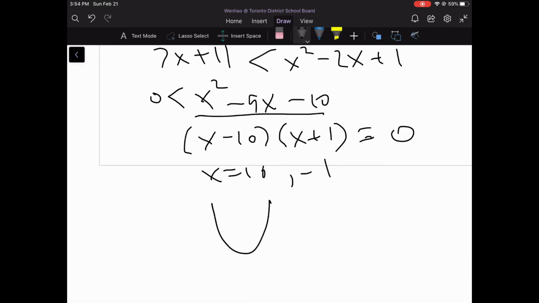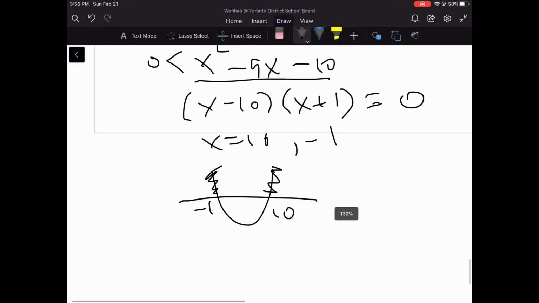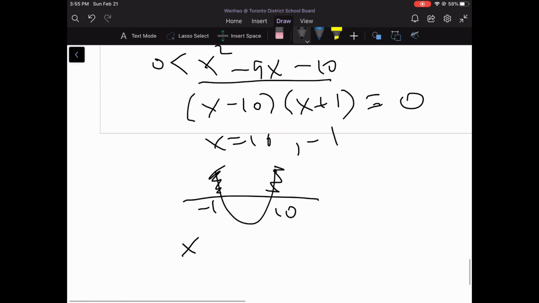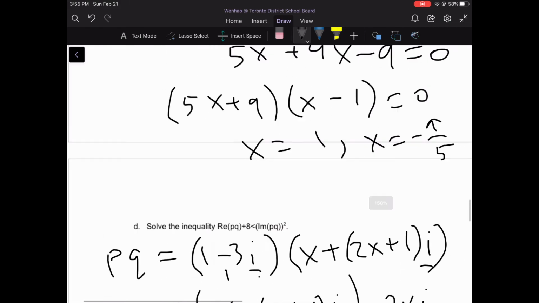If the leading coefficient of the x squared term is negative, then it would look something like this. It is 0 at negative 1 and 10, so it is positive for this section and this section. So it is greater than 0 when x is less than negative 1, or x is greater than 10. And that is the answer to this question.